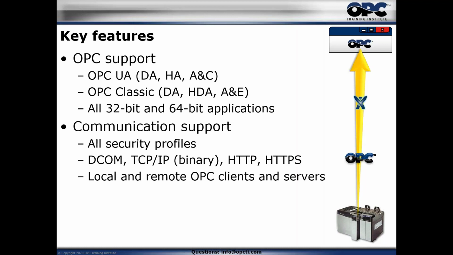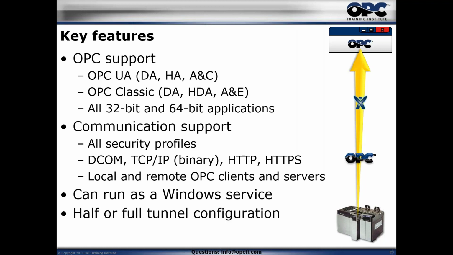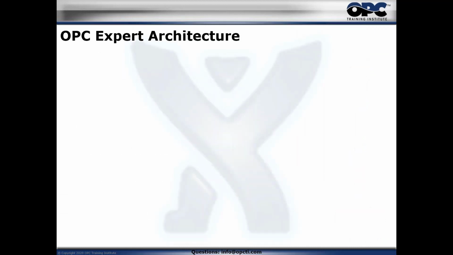You need support for all the security profiles for DCOM, for TCP/IP, for HTTP, HTTP secure, and so on, and connect to both local and remote services. Everything needs to run as a Windows service in either a half tunnel or a full tunnel configuration. So that's what we'll talk about here.